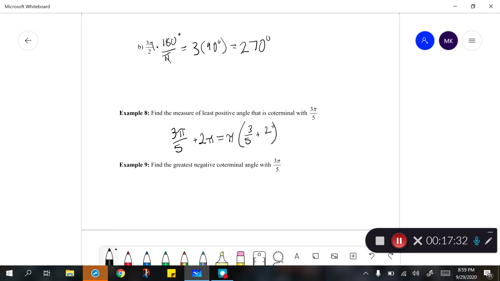When we add fractions, we have to get common denominators, but we're in Math 112. That's easy, right? Because this is just like 2 over 1, so we multiply by 5, and 5 times 2 is 10. So when we add the fractions with both having a denominator of 5, we get 3 plus 10, and so what we end up with is 13 pi over 5.